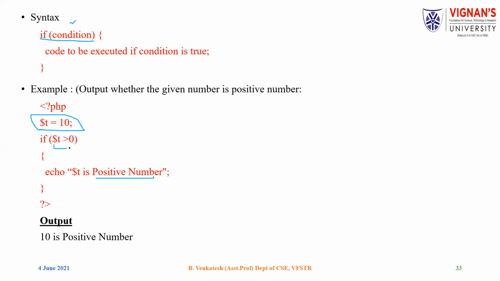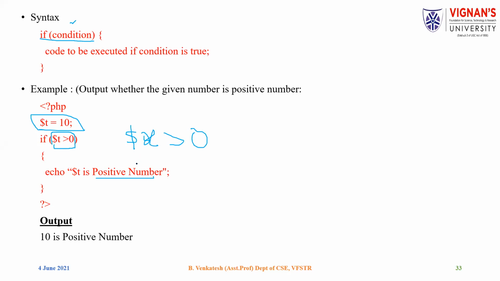Here, if you observe the condition we are writing, in general we write the condition like a variable name. For example, x is a variable. If x is greater than 0, then it is a positive number. But here, instead of x, we additionally write a special character, the dollar symbol.